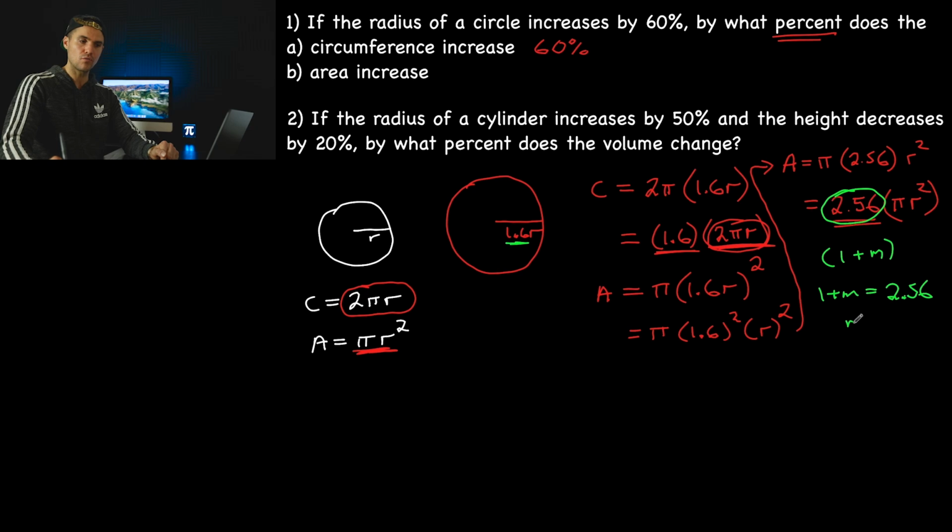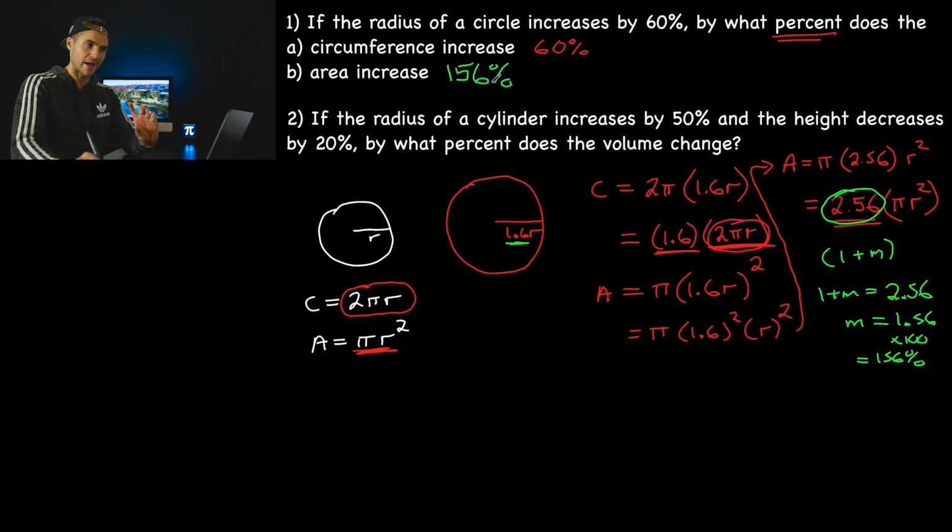So we bring the 1 over, and that's going to be 2.56 minus 1, which is 1.56, but this is in decimals. Remember, that's not percentages yet, so we have to multiply this by 100 to get 156%, right? So the area increase was 156%. So we multiplied the area by 2.56, so we more than doubled it.